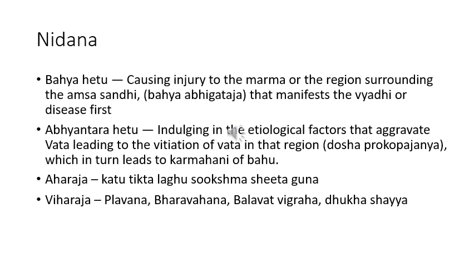Aharaja factors are like intake of katu, tikta, laghu, sukshma and shita guna ahara, which vitiates vata. And viharaja factors are activities like excess plavana or swimming, bharahara, lifting heavy weights in excess, balavat vigraha, fighting with someone who has more strength than you.